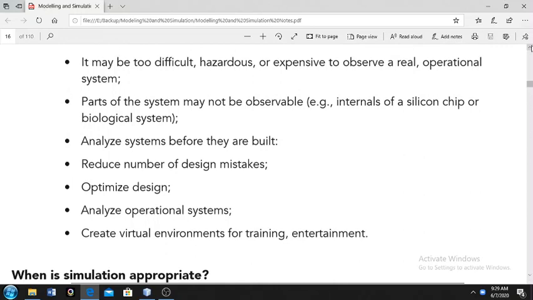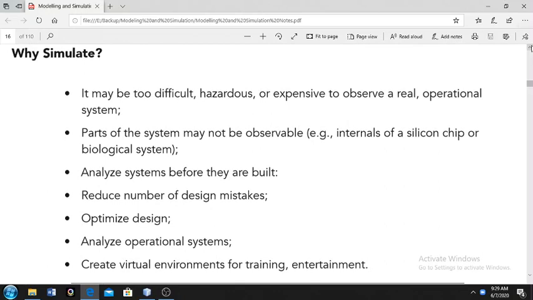You see, why do we simulate? It can be very expensive to build, for example, a plant, or to build an industry or a clinic, rent and then start, before you try to understand the internals of the system. So it can be difficult and hazardous.